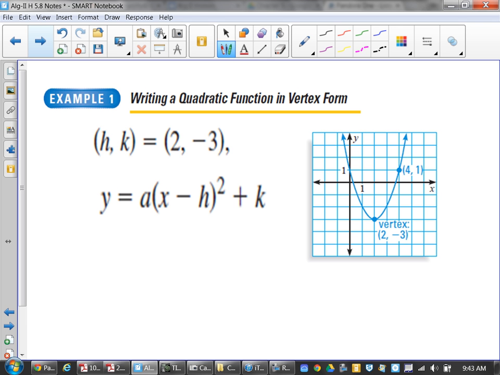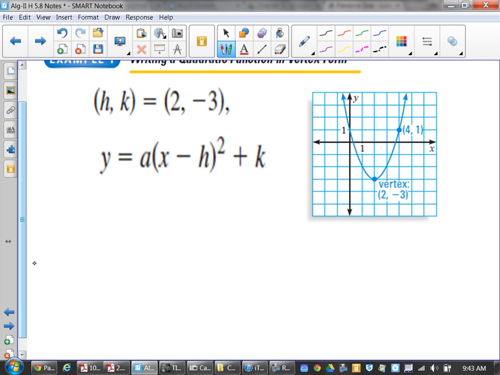And if I know that information, I can write the equation of the curve, just by that, because your vertex plays the role of h and k. You agree? All right. So if I start out with h and k at 2 and negative 3, if I substitute in, I get y equals a times x minus 2 quantity squared minus 3. You okay with that? Yes.